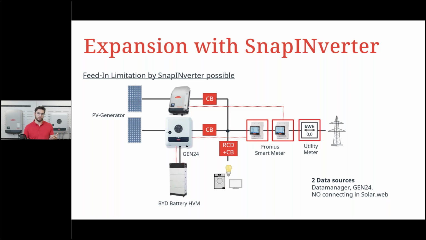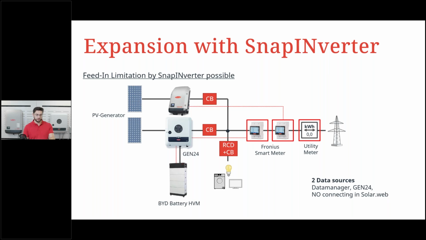But we know already that in order to achieve this, we need a smart meter at the feed-in point connected to it. Now we can do the following. We have a second primary smart meter in front of it. So it's a serial connection basically. One is connected to the GEN24 because we need it for the battery charging and discharging. And the other one is connected to the SnapInverter in order to fulfill the feed-in limitation.